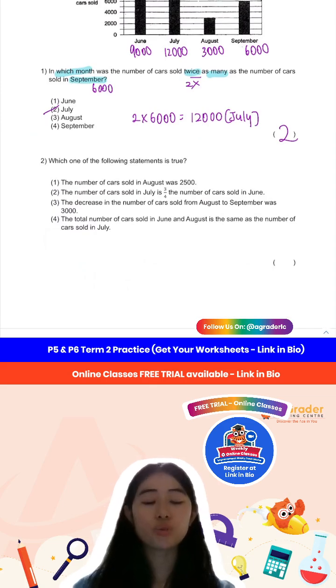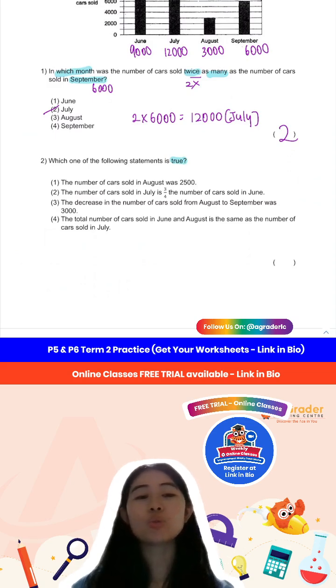Right, question 2. Which of the following statements is true? So again, you can try this and then let me know your answer. Question 2, what's the answer?